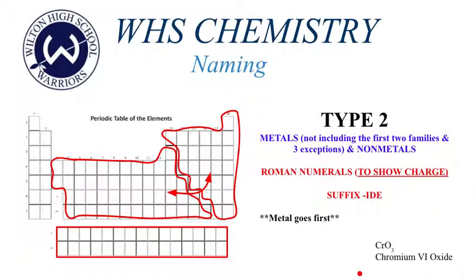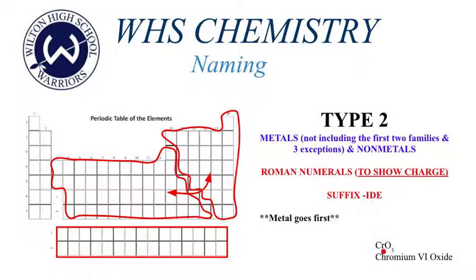And so for example, we have chromium(VI) oxide. Oxygen, we know, has a charge of -2, and we have 3 of them, so that gets us a charge of -6.